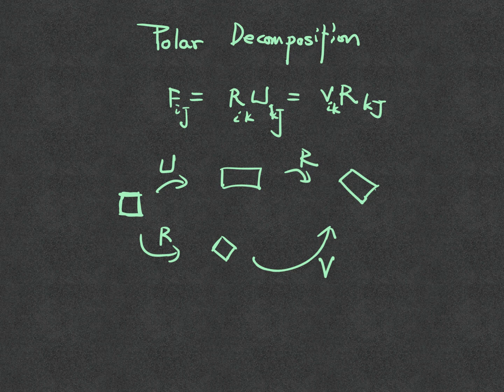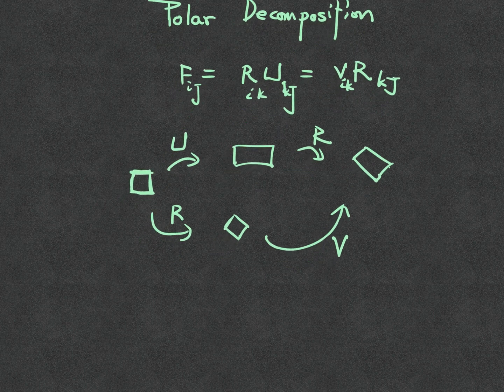But then I would make it longer. So both cases will give you the final shape. It's just that kinematically they perform the deformation and rotation in a different order. Does that make sense?